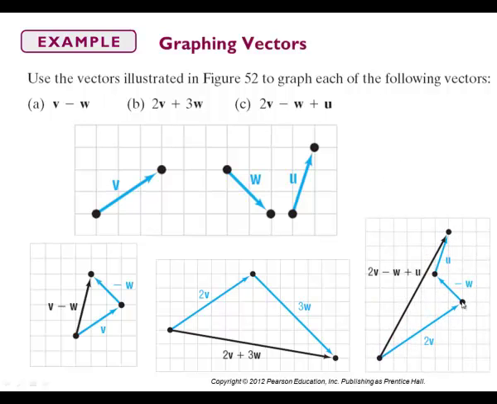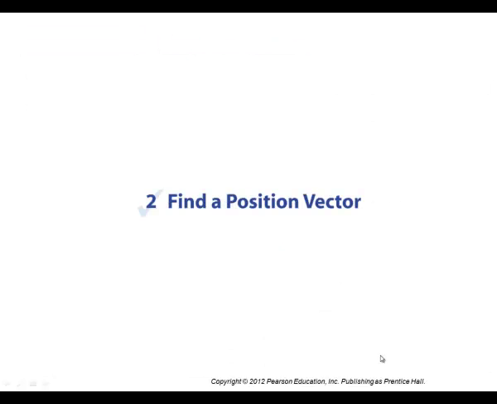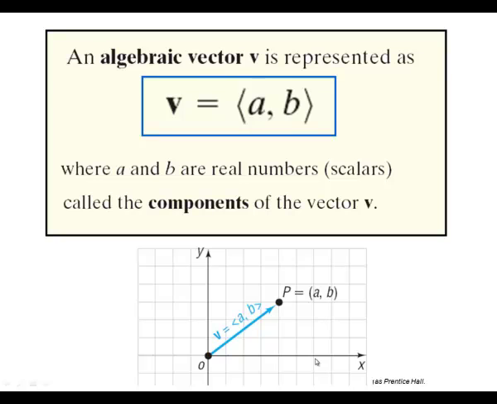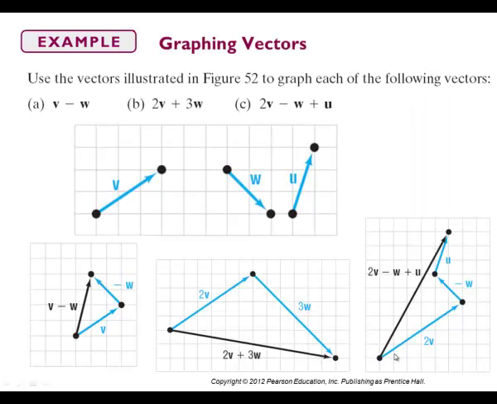Here's your 2v, and then here's your 2 left, 2 up for vector minus w. And then vector u, that's just 1 space to the right, which is here, and 3 spaces up. And then again, the resultant vector starts at the initial point for your first vector, and the terminal point of your resultant vector is at the terminal point for your last vector.